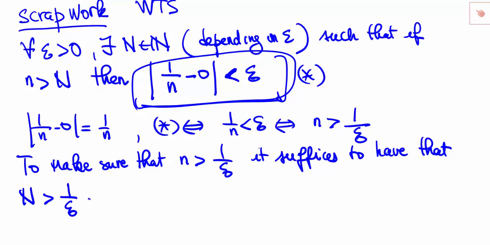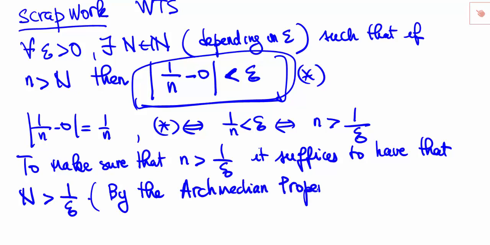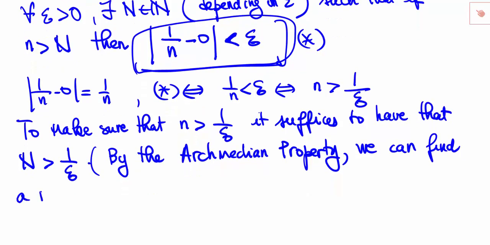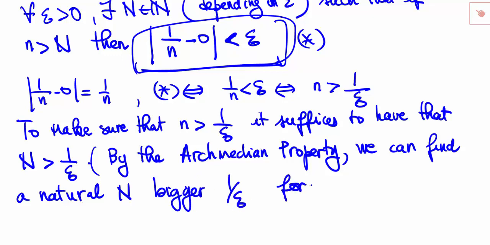And we know that by the Archimedean property this can be done. By the Archimedean property, we can find a natural number N bigger than 1 over epsilon for fixed positive epsilon.